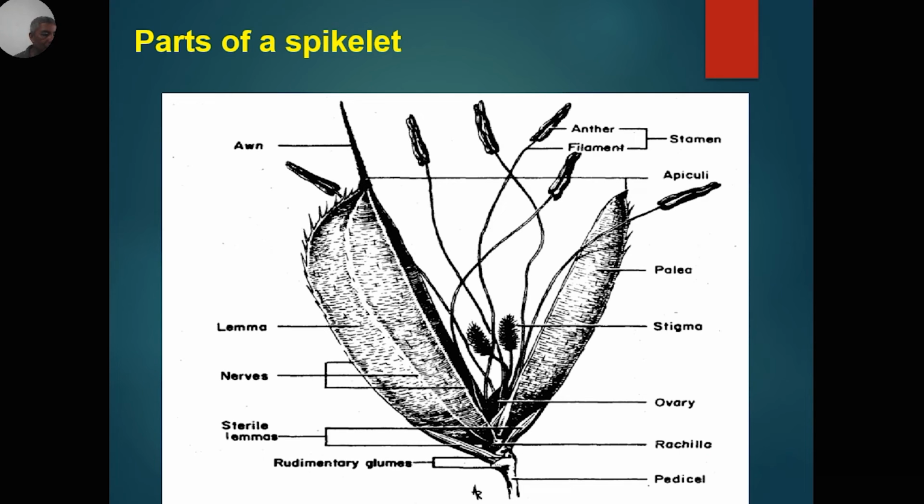Okay, this consists of the filament, and of course the anther has several pollen grains, and its pollen has what we call the male germ cell.